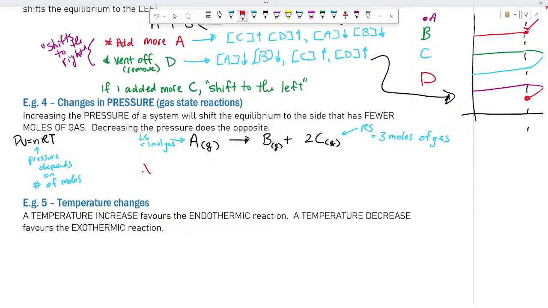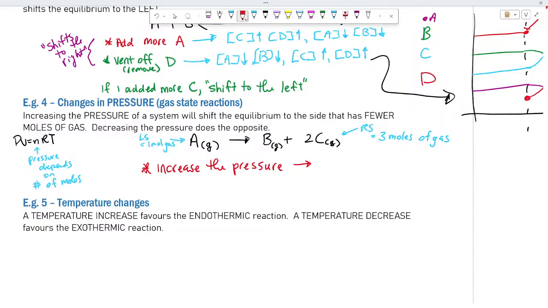If I were to increase the pressure, what would happen? So if this is at equilibrium and I increase the pressure. So before we answer with relation to our reaction, look at me. If I increase the pressure, the reaction is going to shift to decrease the pressure, right? Does that make sense?